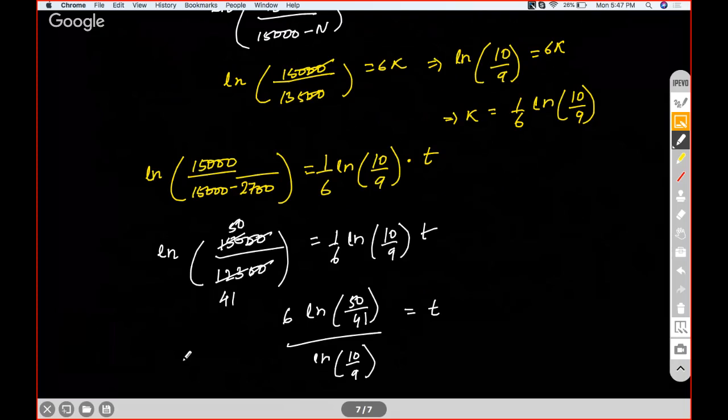I'll also help you out. So 6 times ln 50 by 41 divided by ln 10 by 9.